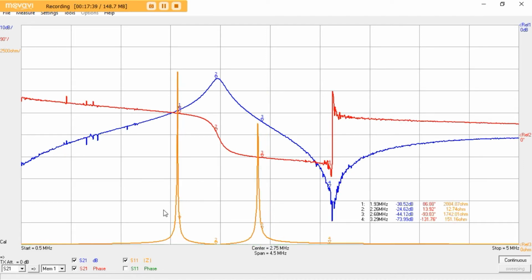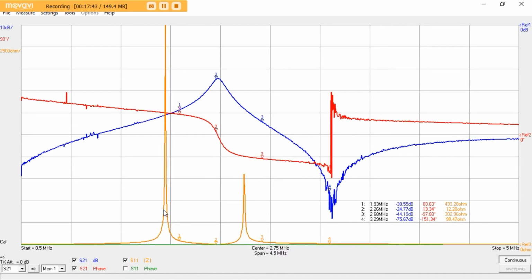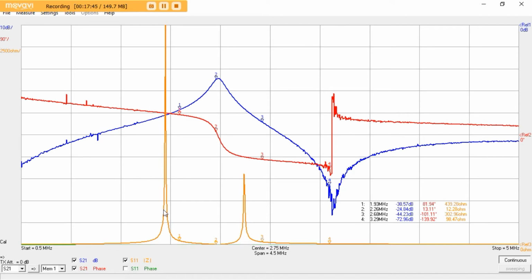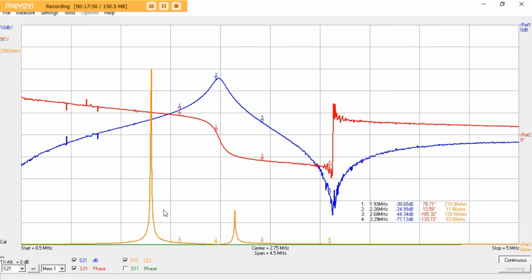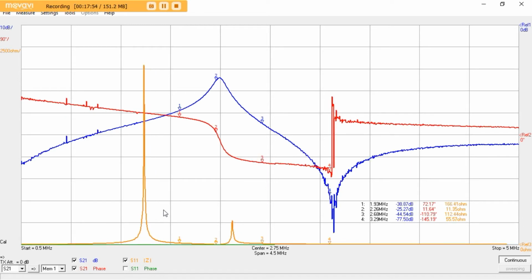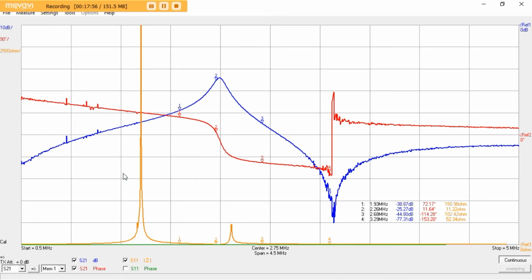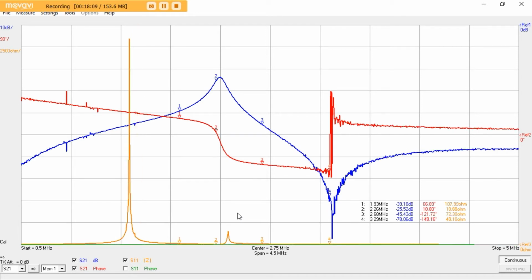Now we keep increasing the capacitance, unbalancing again. As that parallel mode heads downwards, this lower mode is now due to the primary, and this upper one is due to the secondary. They're flipped. We go through that balance mode, they flip over, and that's now fully wound in.